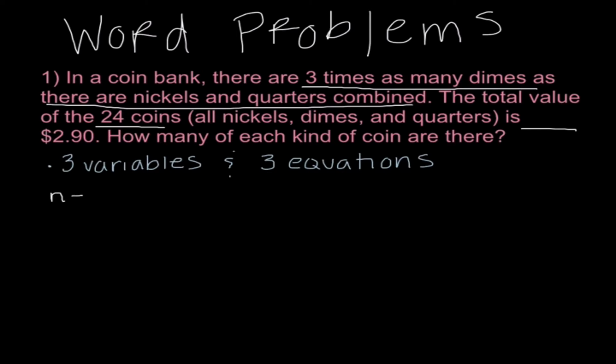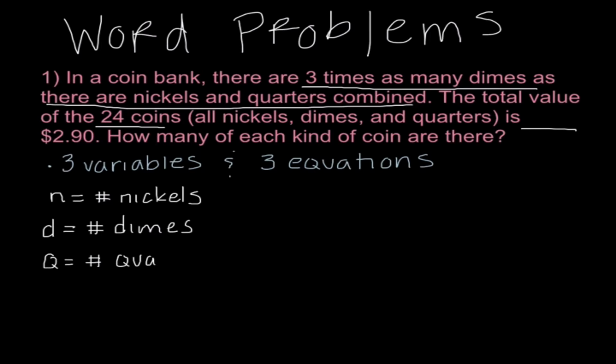So some things that I already figured out there. Just to be fun, I'm going to use N as the number of nickels, D equals the number of dimes, and I'm going to let Q equal the number of quarters.